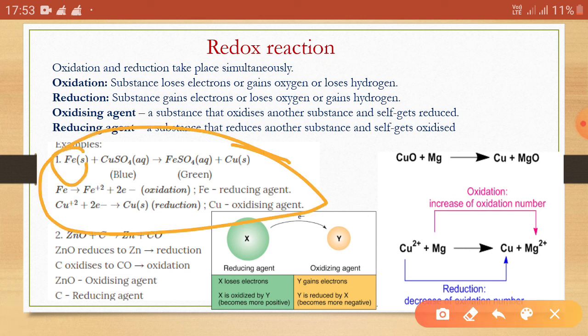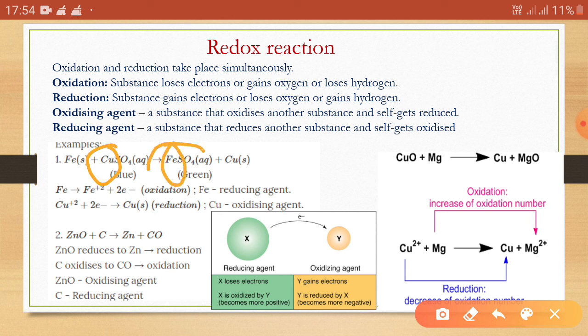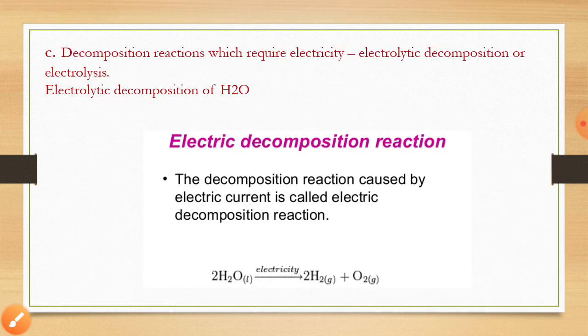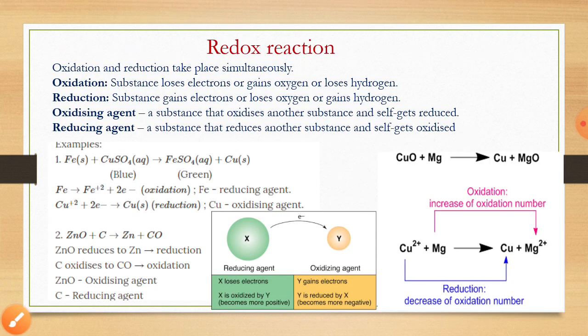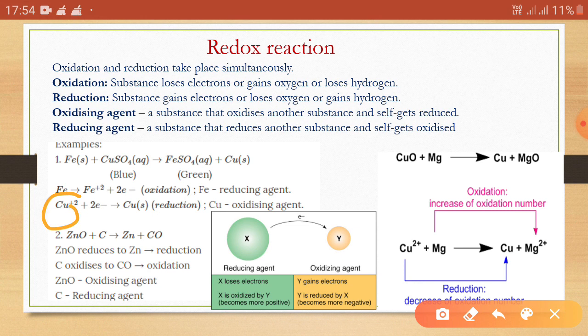Fe, that is iron, plus CuSO4, copper sulfate, gives us FeSO4, ferrous sulfate, and Cu, copper. So in this reaction copper is replaced by iron. On the left side it is Fe and becomes Fe2+, so it is oxidation. And for Cu, it was Cu2+ and it is Cu on the right side, so it is reduction.